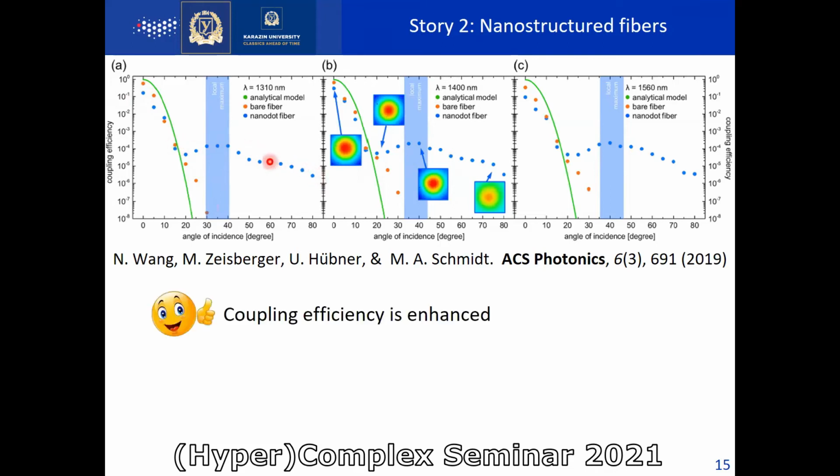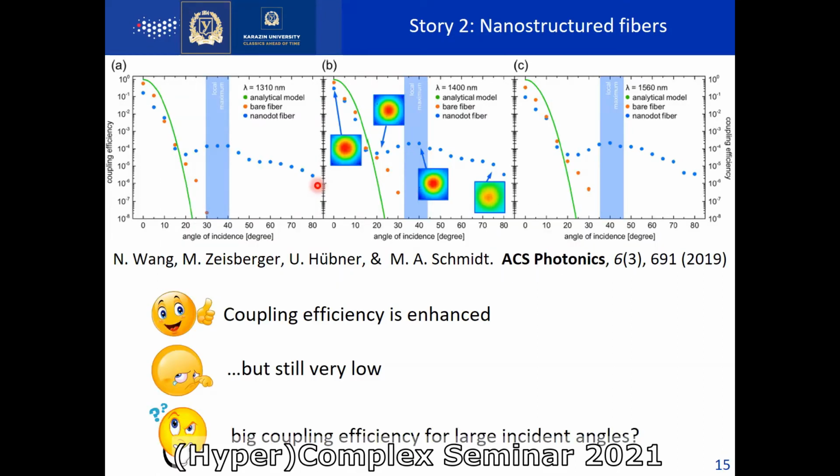You can see that the coupling efficiency is greatly enhanced for different angles, but at the same time it is still very low, especially at large angles of incidence: 10 to minus 4, 10 to minus 5, and at large angle 10 to minus 6. So we aimed to achieve great coupling efficiency at large angles of incidence, which is the most challenging issue.